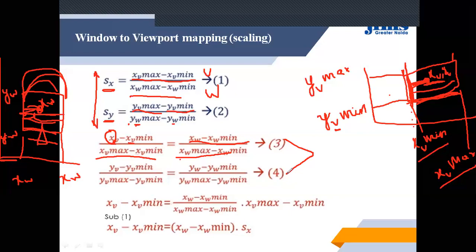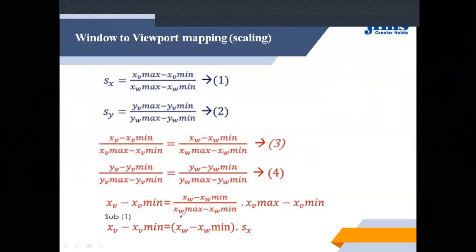Now from these equations, let me clear it a little bit. Okay, let me clear it completely. Now from the first equation we are discussing, this is xv minus xv min. This is the same.